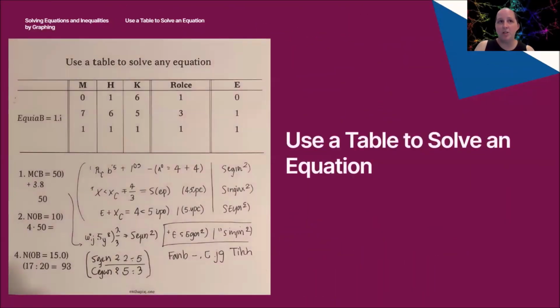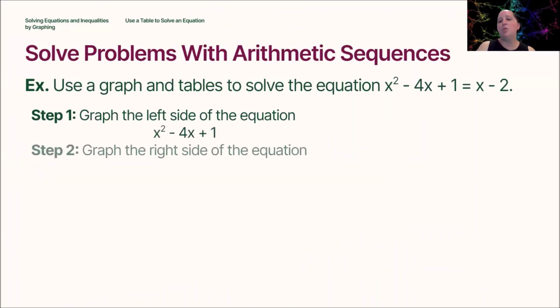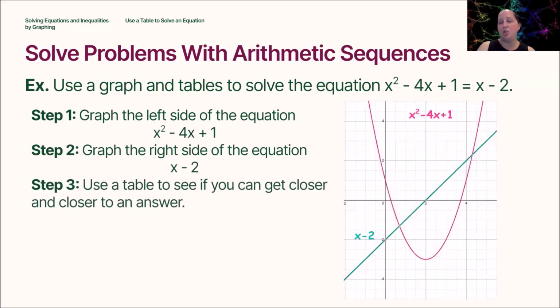Use the table to solve an equation. So not every time that you graph equations are you going to have exact solutions. Sometimes they will have decimal solutions or fractional solutions, and sometimes they'll have repeating solutions, or you're trying to get as close to that possible solution as possible.